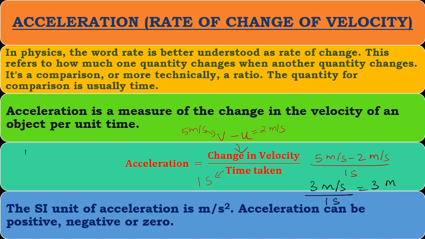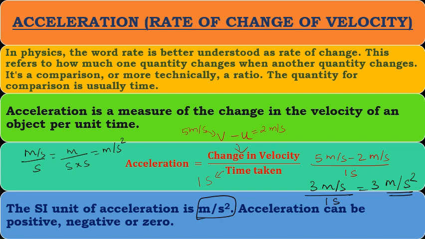So I have meter per second by second, which you can write as meter by s into s, or as meter per second square. So the unit of acceleration is meter per second square, and that is what is given here.